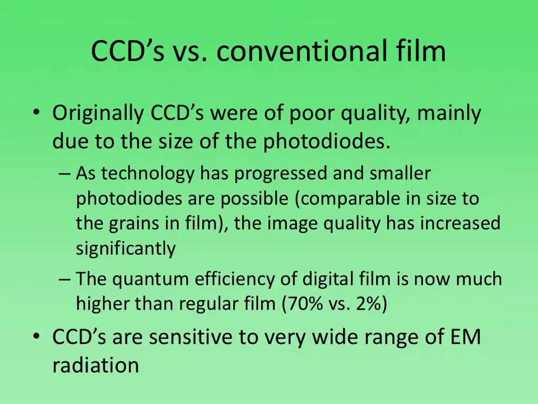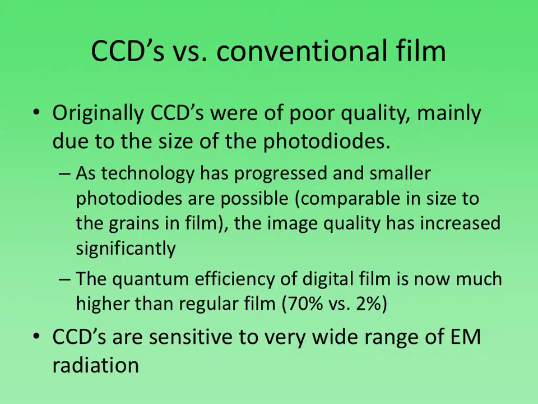Now originally, CCDs were pretty poor quality, and this was primarily due to the large size of the photodiodes. And so again, just like with the S's, you weren't able to fit a lot of pixels onto that area, and so pictures were grainy. They didn't come out very clear.